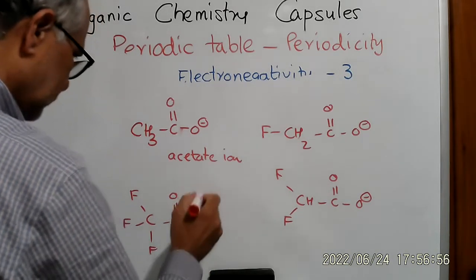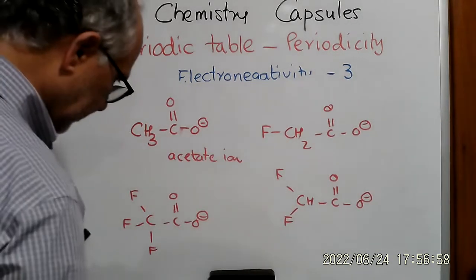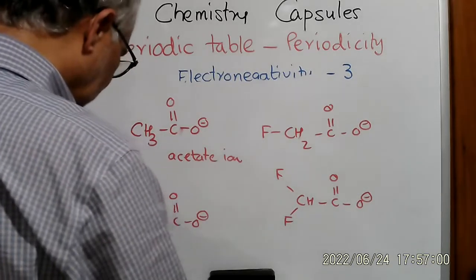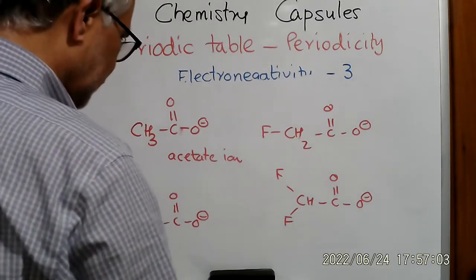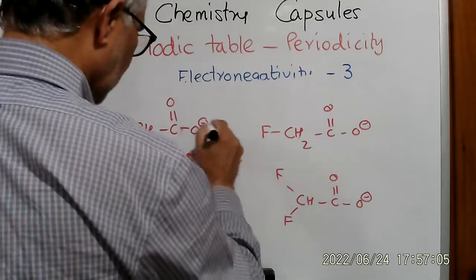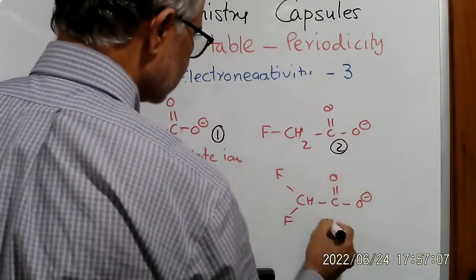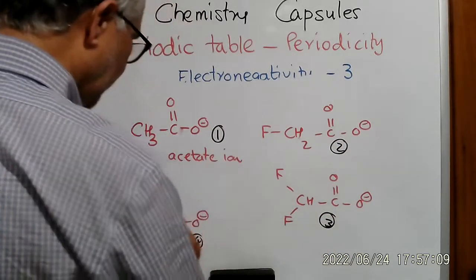So again, let's label these 4 ions just so it's easier to talk about them. So ion 1, ion 2, ion 3, ion 4.